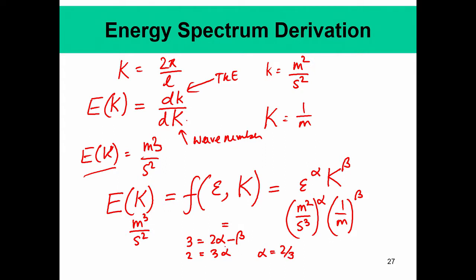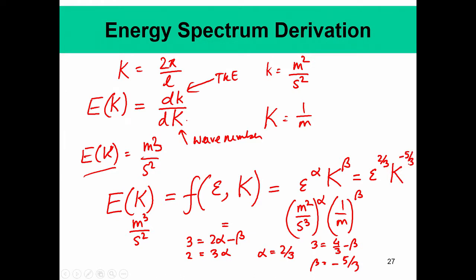Now if you plug this in, we can estimate beta. So, 3 is equal to 4 by 3 minus beta, which means beta is equal to minus 5 by 3. So, E of K is nothing but epsilon to the power of 2/3 times wave number to the power of minus 5 by 3.